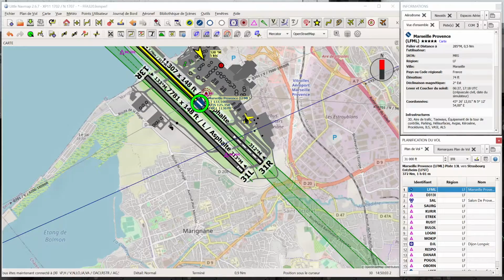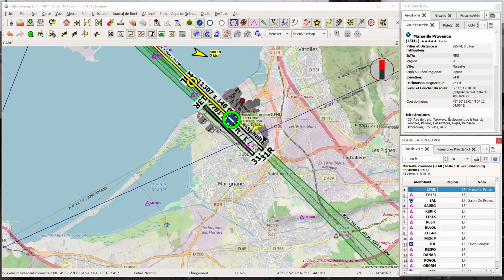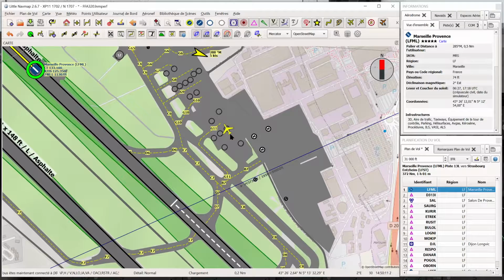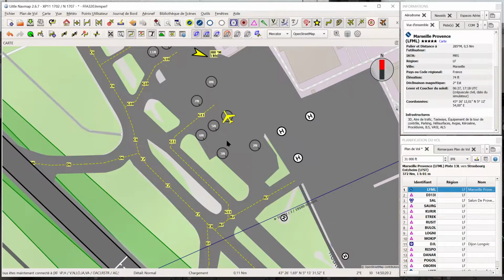check Little Nav Map also. We are going to 31 left, so we'll be pushing back, probably nose. I'm wondering.